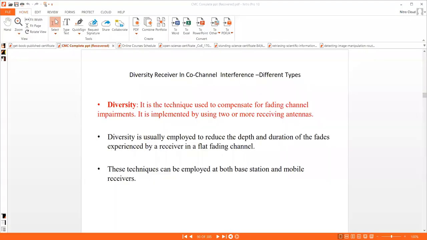Now, let us have a look at the next topic, diversity receiver in co-channel interference and what are its types. The very first thing we have to understand is what diversity is. Diversity is a technique used to compensate for fading channel impairments.